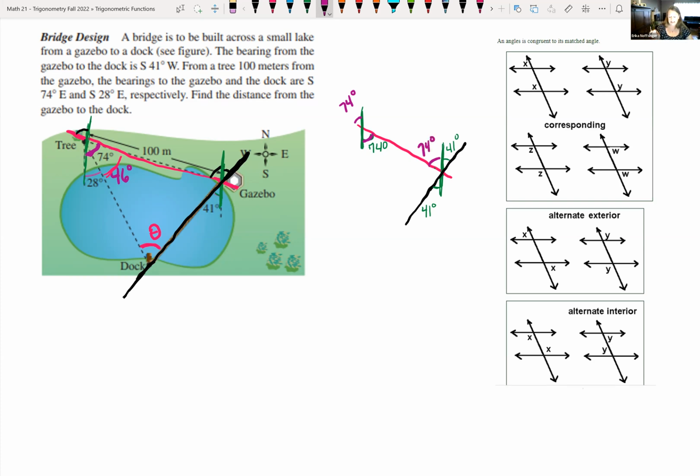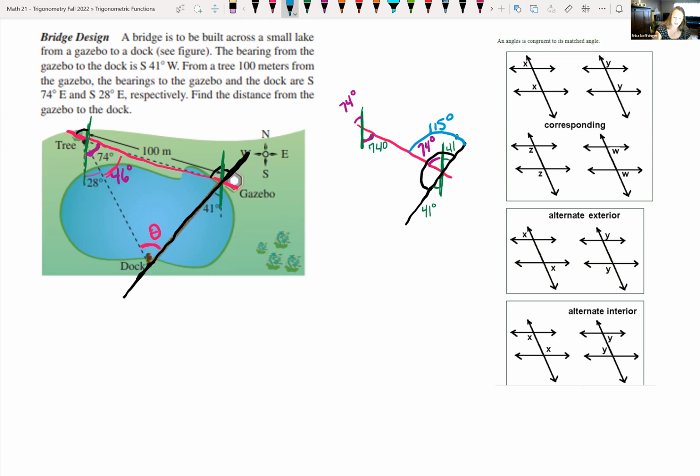We know that the angle from one side of the line right here to here has to be 180 degrees. So if we sum 74 plus 41, that would give me this angle in here. So 74 plus 41 is 115 degrees.